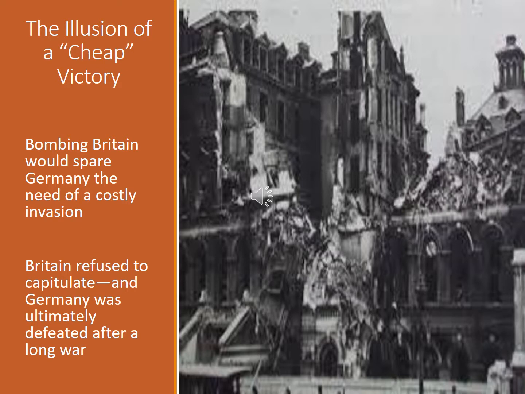And so Hitler believed that if we simply had the Luftwaffe bomb London and the other major British cities, they would lose their will to fight, and that would knock Great Britain out of the war, which would cheapen the eventual victory for Nazi Germany in Europe.